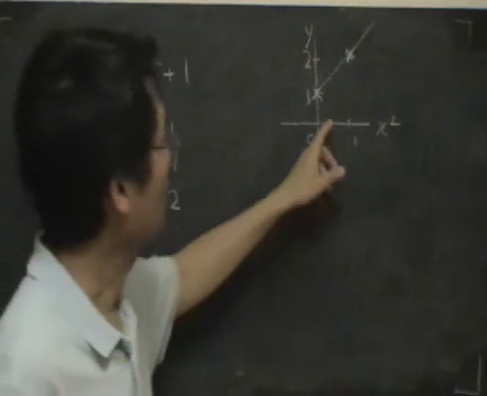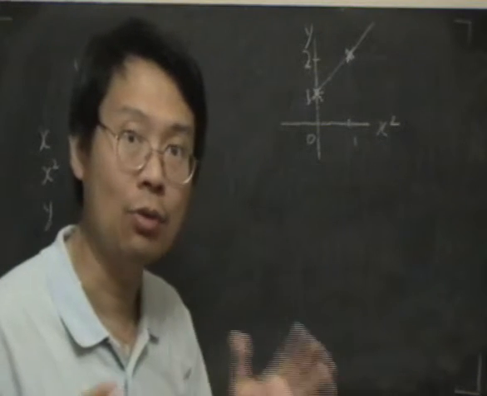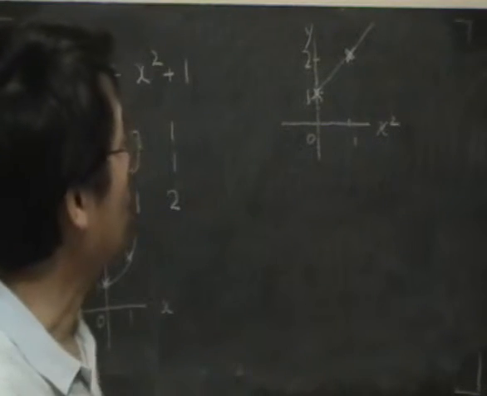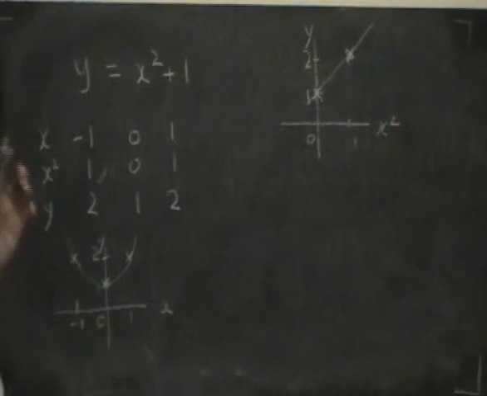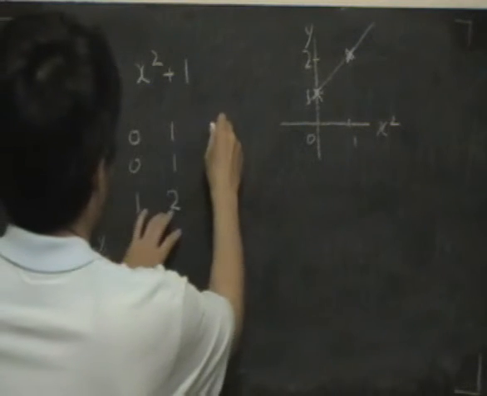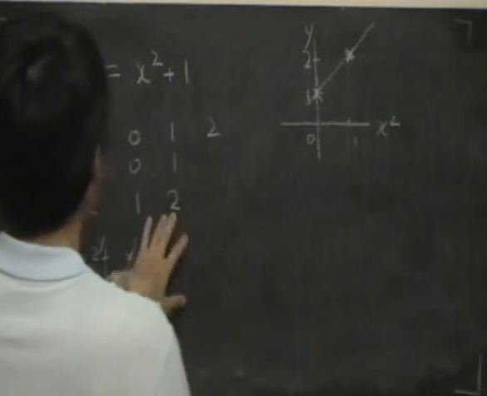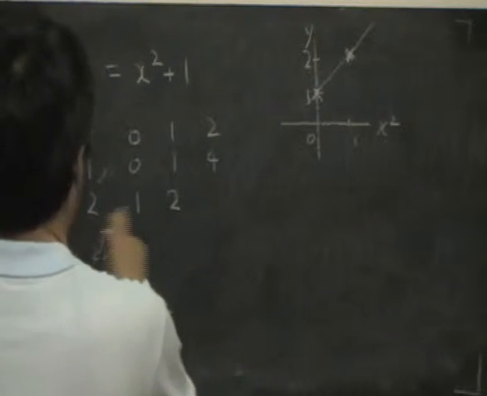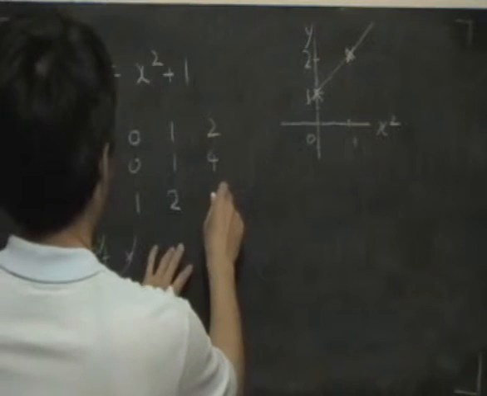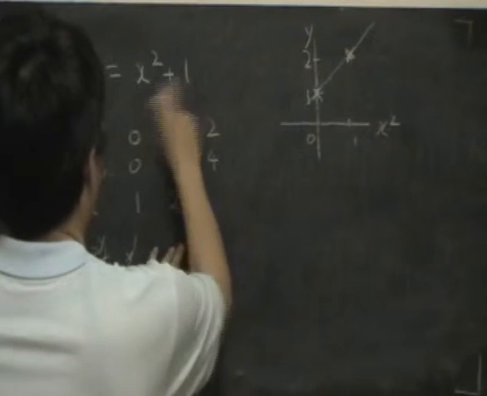Now you may think that there are only 2 points here, and of course you can draw a straight line through it. So to confirm that we can get a straight line, we can, for example, add another number here. Let's say when x is 2, then x squared is 4, and y is 4 plus 1, which is 5.